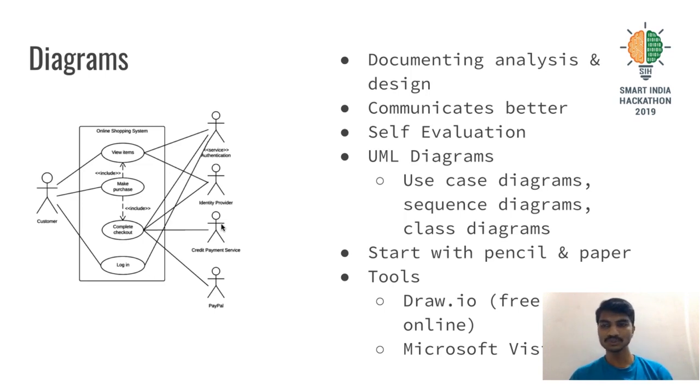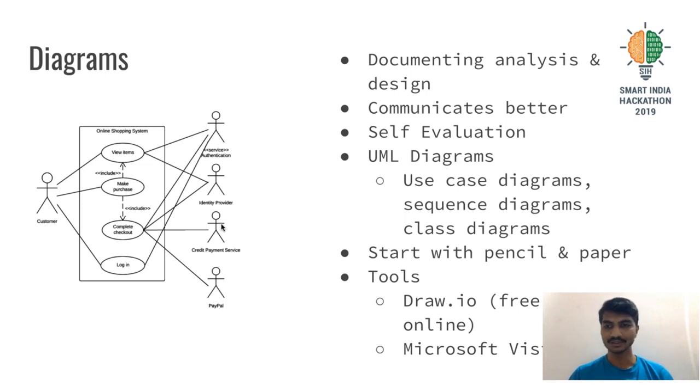And to do these diagrams, it is not necessary to go with bigger tools. Just starting with pen, pencil and paper is more effective than other tools, because it's very rough and very quick, and you can just draw it, erase it and then redraw it.